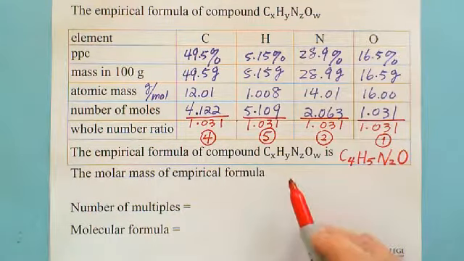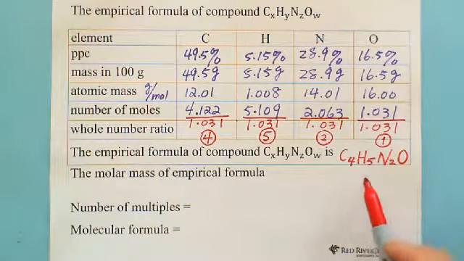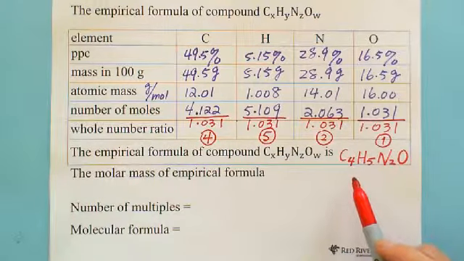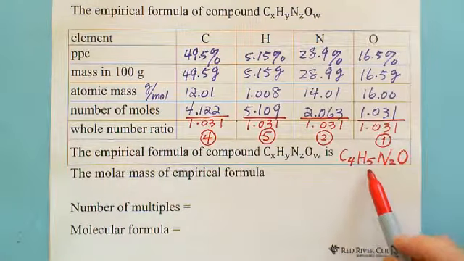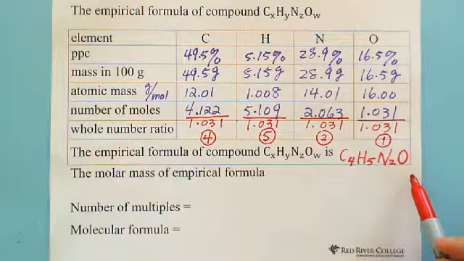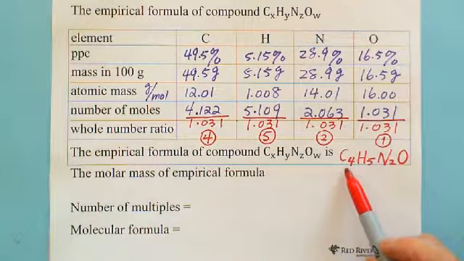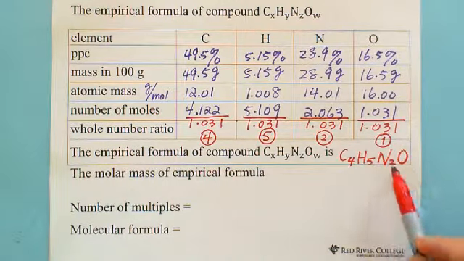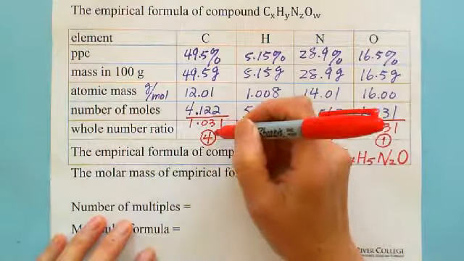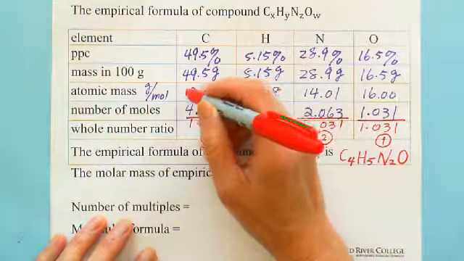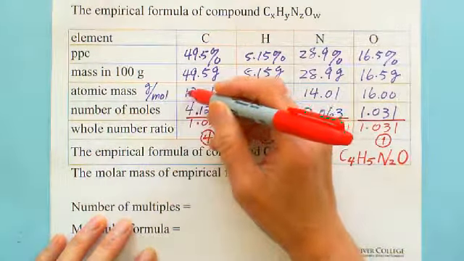So after you find the empirical formula, you can calculate the molar mass for the empirical formula. You calculate 4 multiplied by 12.01, because this is the molar mass for carbon.